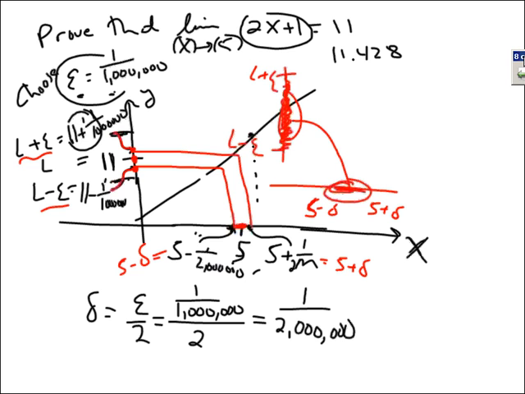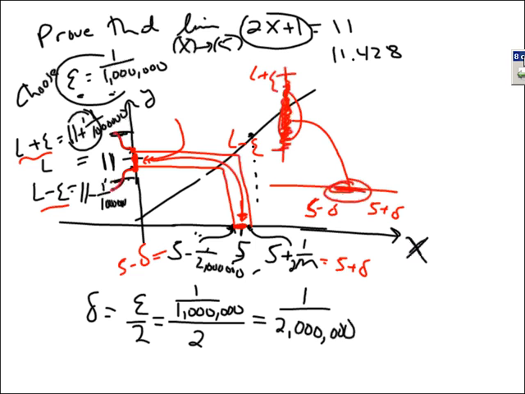That is, I got closer to L. And if you let epsilon be even smaller, this region gets even smaller, and the image of these x values ends up in a smaller neighborhood of 11.